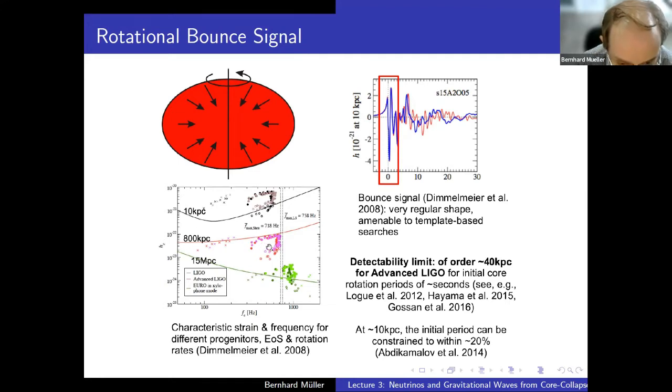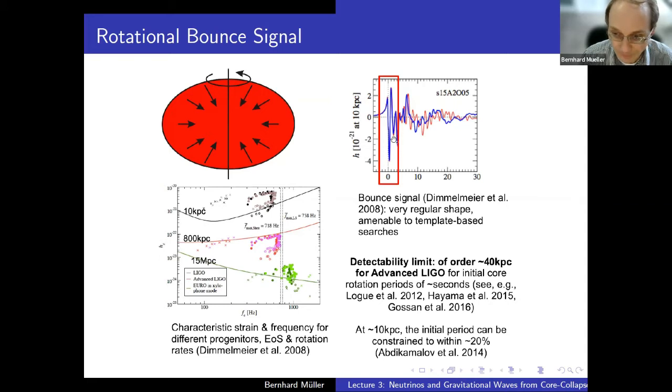But the key thing is you always get the very same or very similar shape of the signal, almost invariably. So it's really one big peak with two oscillations before and after.